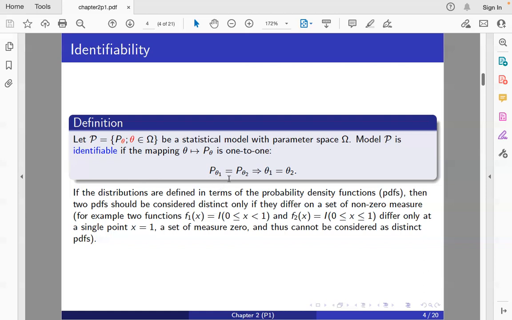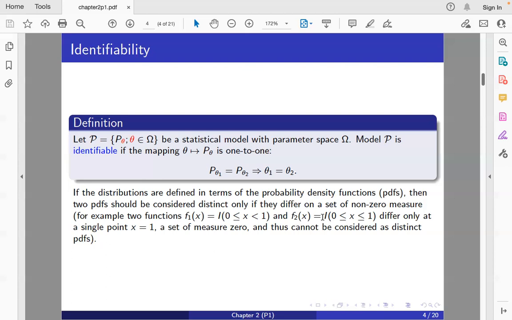When we talk about equality in terms of distribution, we should exclude probability 0. For example, are densities f1 and f2 equal or not equal? It may look unequal, but actually it is unequal only at the point x equal to 0 and x equal to 1, which has measure 0.